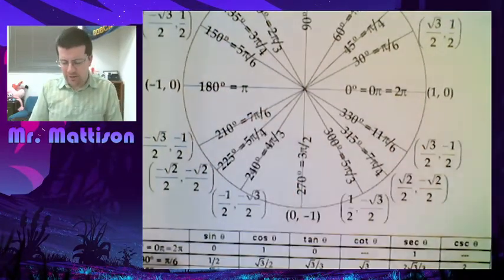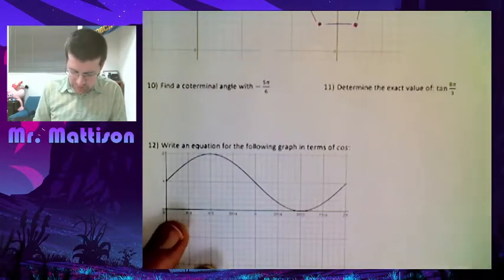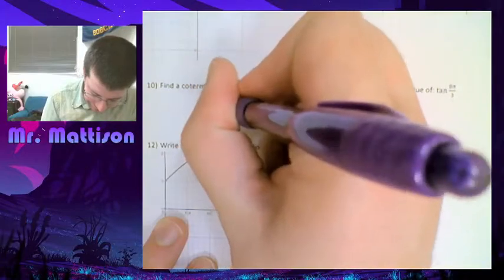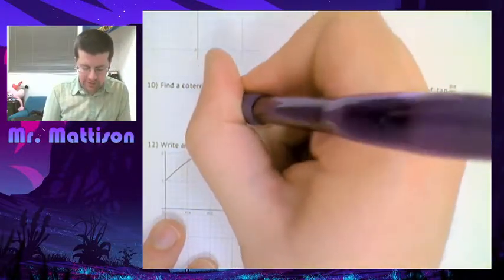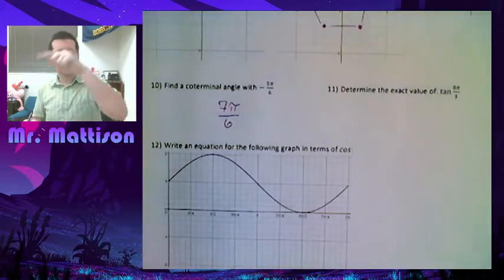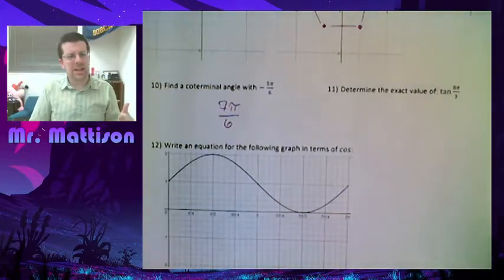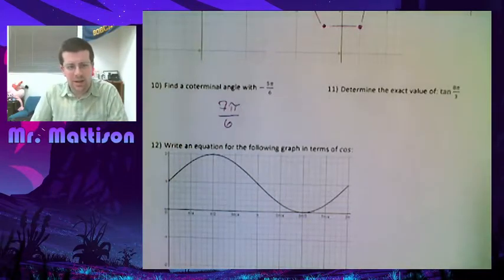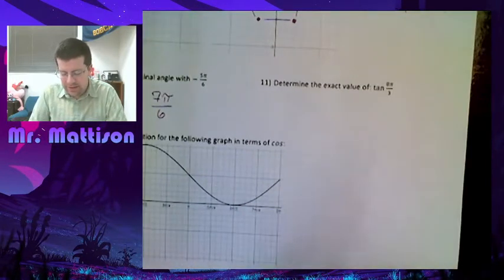So 7 pi over 6 is where I'm going to go. Technically you could go the other way and keep going negative one more rotation and get another equivalent, but in general try and go for the one that is positive and in the first circle.